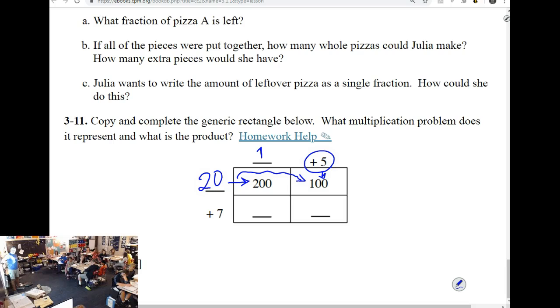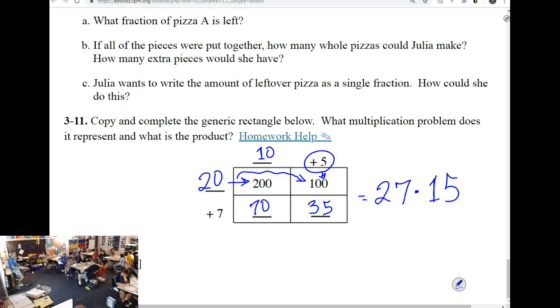Yeah, so this has to be 10, which means here has to be 70, and here has to be 35. So what this was representing and what you were trying to solve was actually the multiplication of 27 times 15, but broken apart to do really the array method, or what we now call the generic rectangle.